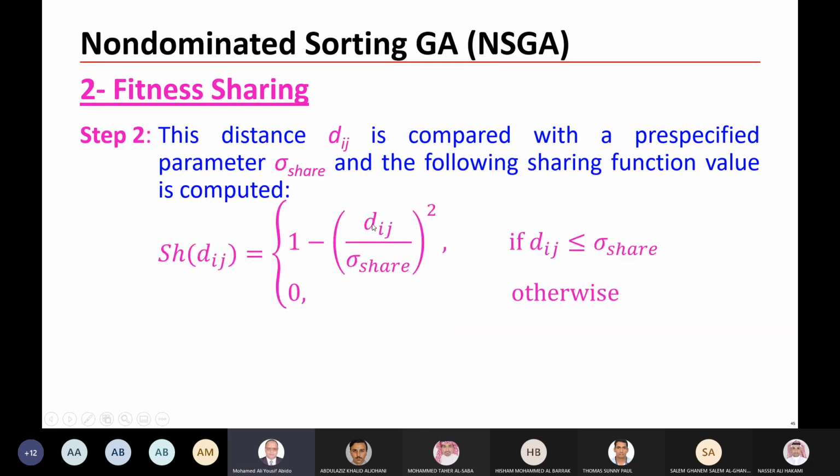If this is 0, then it becomes 1. If this is any value below sigma share, you can calculate this, and otherwise it is 0.